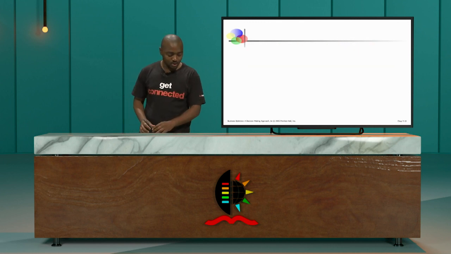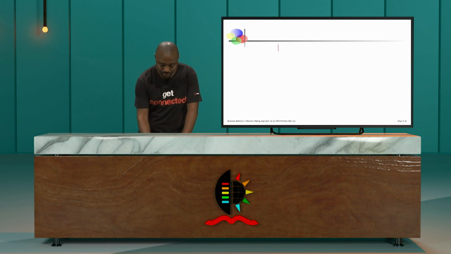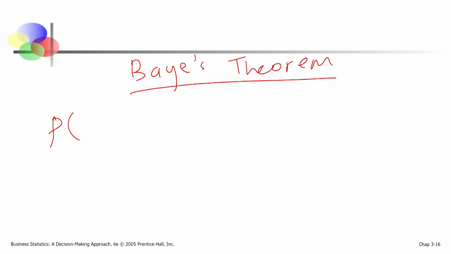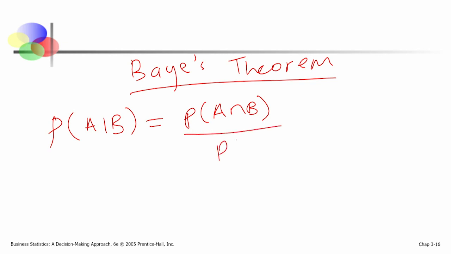So let's close off with Bayes' theorem. What is Bayes' theorem? Bayes' theorem is conditional probability. The probability of A given B is equal to the probability of A intersect B, all over the probability of B. So this always comes here.